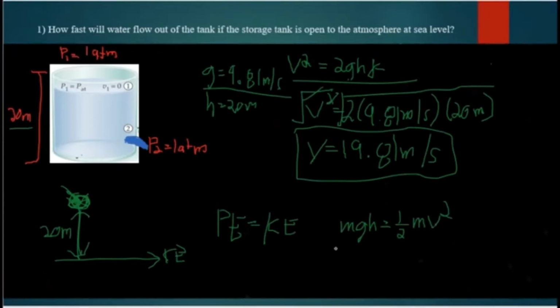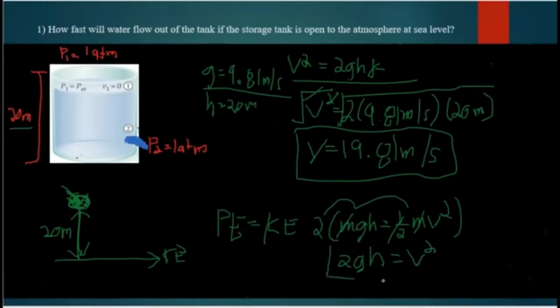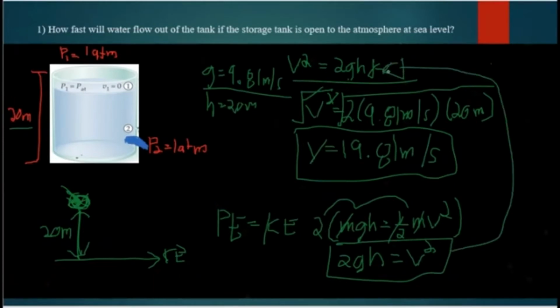So now we have a mass here, we will just cancel this out. And then we will use number 2 to multiply both sides. It will also cancel this 1/2. So now we have this formula. That is where it came from. You now know how to derive it.